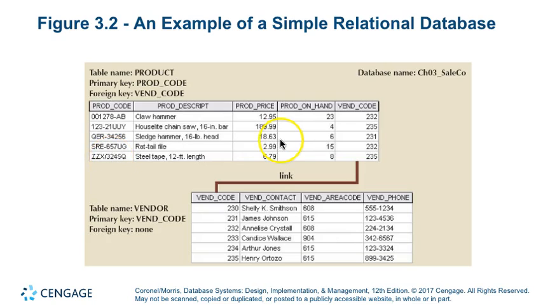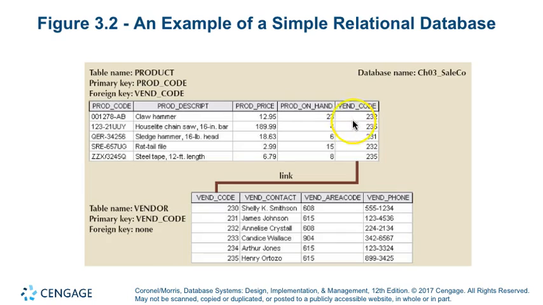It would refuse to update or create a record with a duplicate product code. That's the rule for primary keys. So, a simple relationship between these two tables. The vendor code here is referring to the primary key in the table here, vendor code. Now this is the one side. Vendor code is unique.